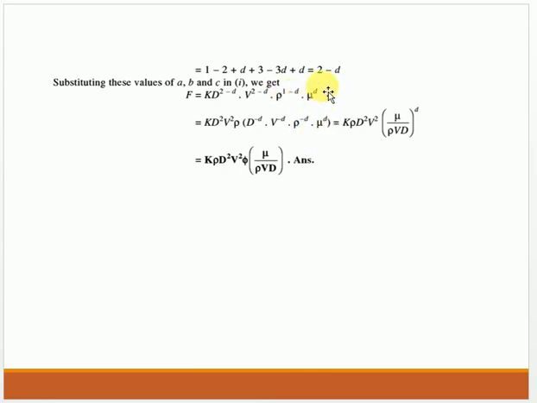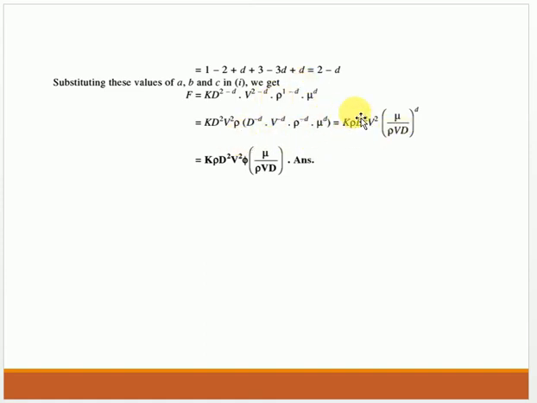So simplifying this, we will take the numerator to one side and the powers with the alphabets to the other side. So f will be equal to k into d power 2, v power 2, rho power 1, into d power minus t, v power minus t, rho power minus t, into mu power t.